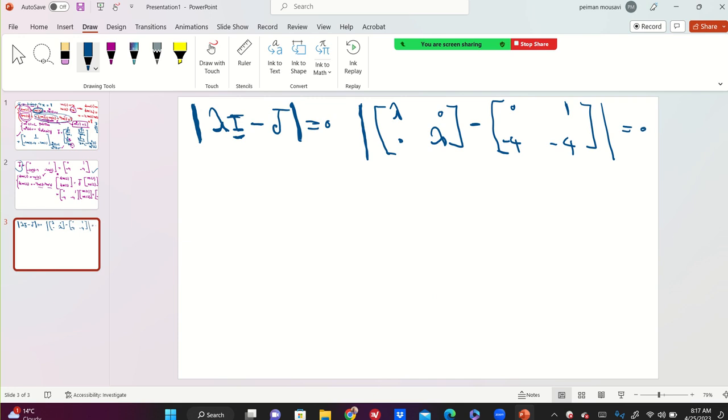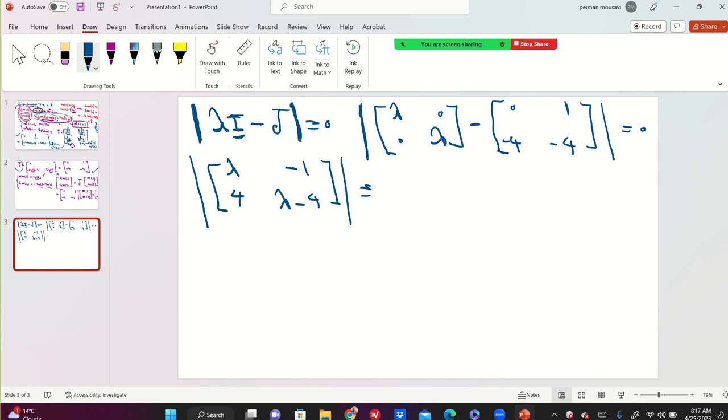The determinant is 0. So it's going to be lambda, minus 1, 4, lambda plus 4, because minus and minus and plus.